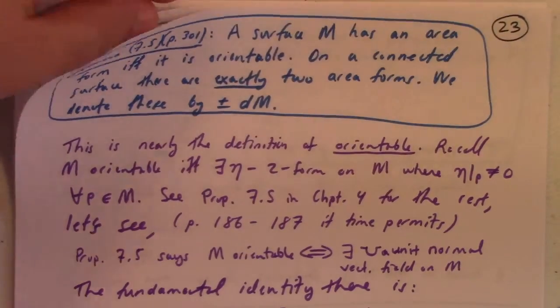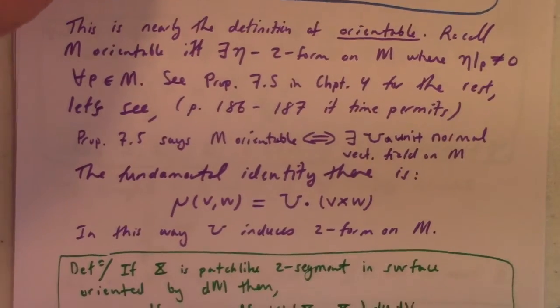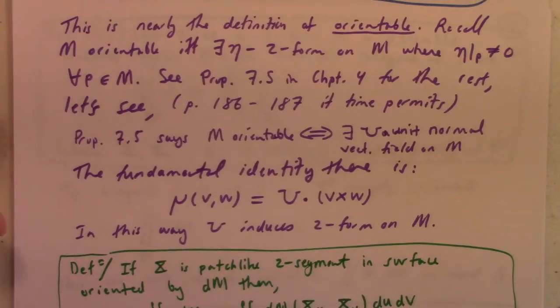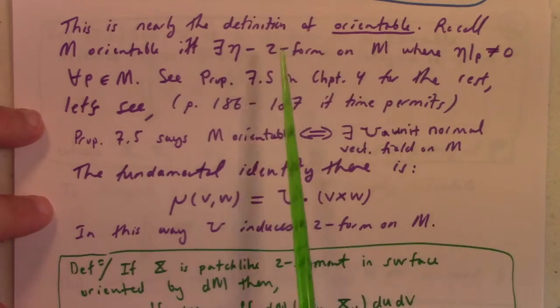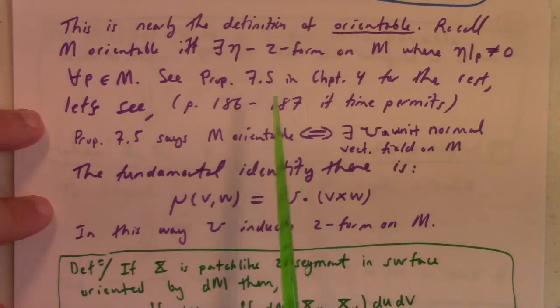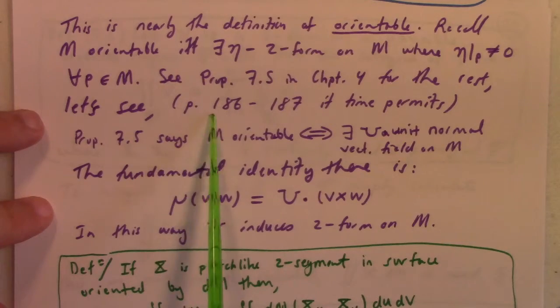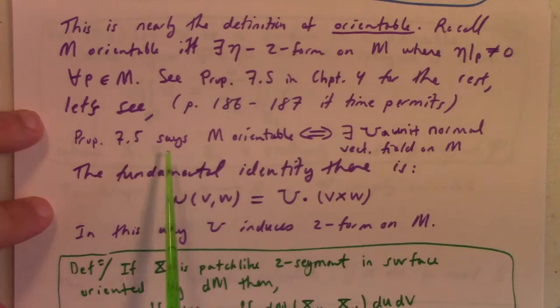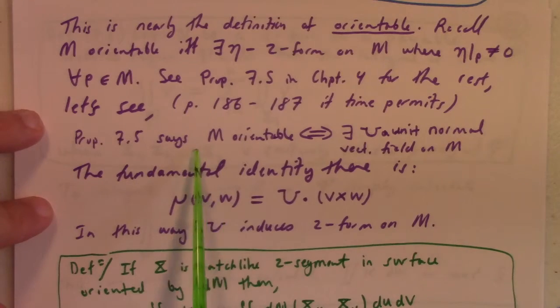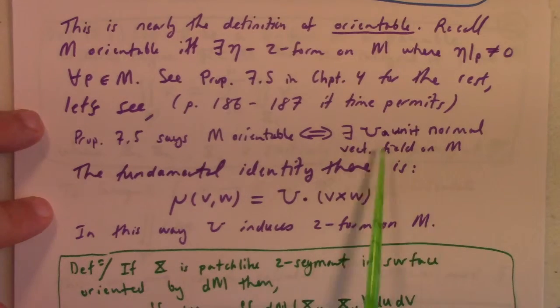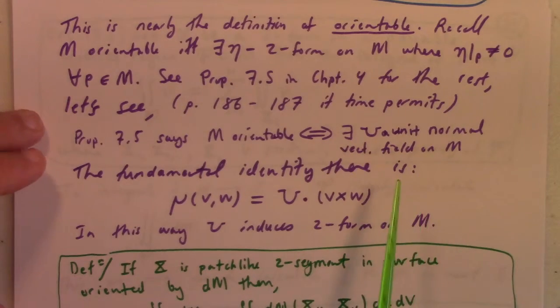Well, it depends on which page you looked at, but certainly one definition you could give for orientable is that there's a non-vanishing two form on the surface, right? But if you go back and look at chapter 4, like page 186, 187, you can see that M is orientable if and only if there is a unit normal vector field on M. I think I went through that in a previous lecture.